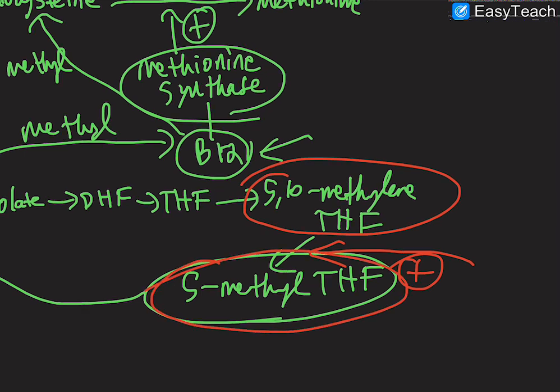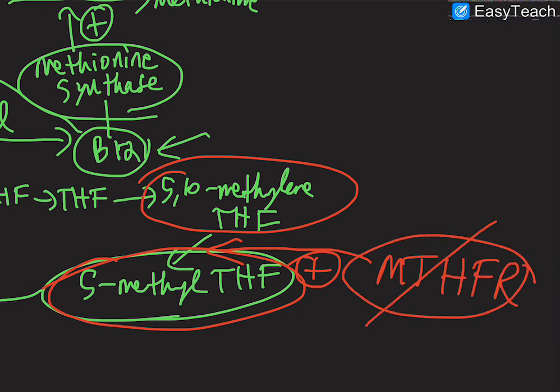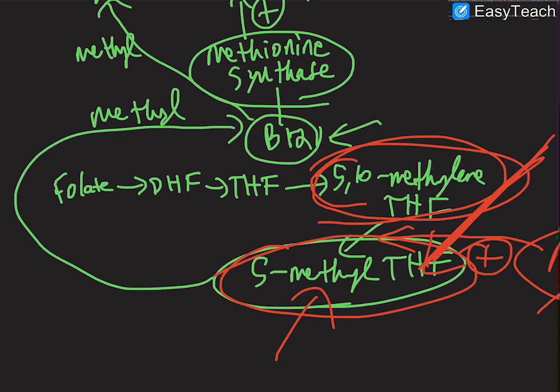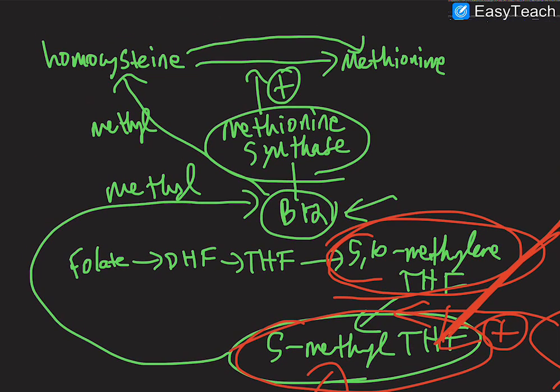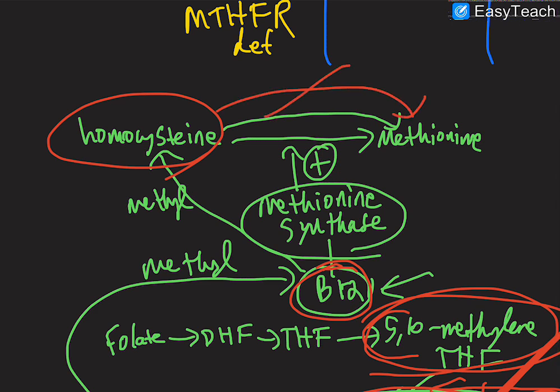So if you're deficient in methylene tetrahydrofolate reductase, that means you won't be able to do this reaction right here, convert 5,10 methylene tetrahydrofolate to 5-methyl tetrahydrofolate, which means you cannot methylate B12, which means B12 can't give that methyl group to homocysteine, which means homocysteine cannot get converted to methionine.